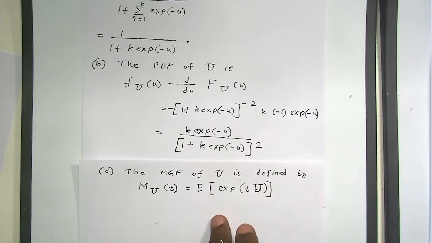This is the definition of the MGF, or the moment generating function, of any random variable.